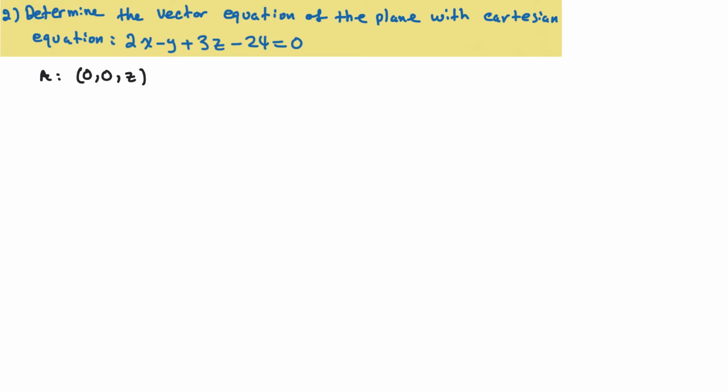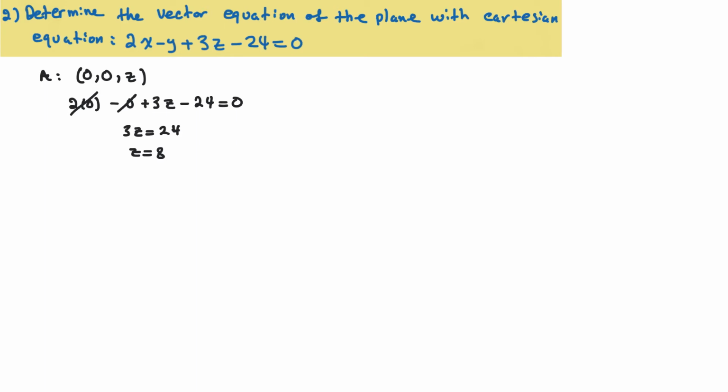So it's going to have 2 times 0 minus y, which is 0, plus 3 times z minus 24 is equal to 0. 2 times 0 is 0. We're left with 3z is equal to 24, and therefore z is equal to 8.